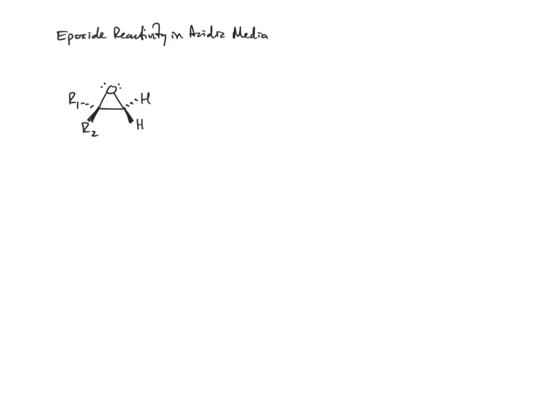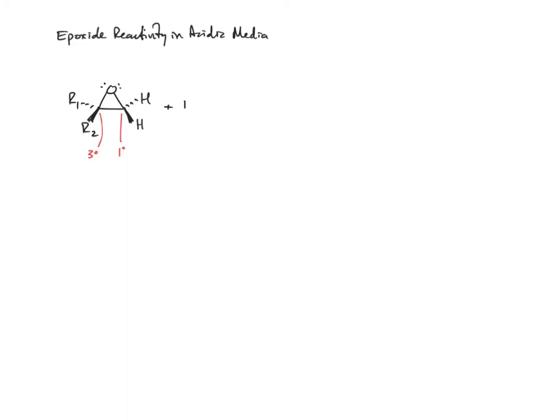So the one on the right here, we would classify this as a primary alcohol, and the one on the left, if both R1 and R2 are carbon, we would say that is a tertiary alcohol. And so that is important when we are in either acidic or basic media, because it helps us determine which carbon is actually going to undergo the reaction.